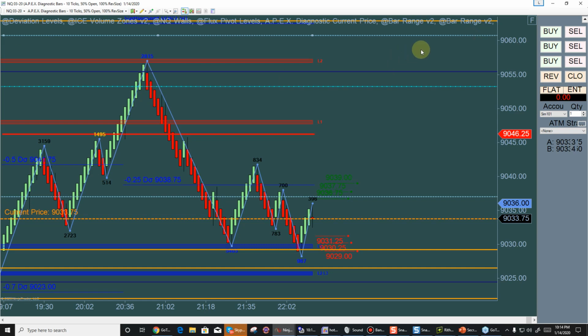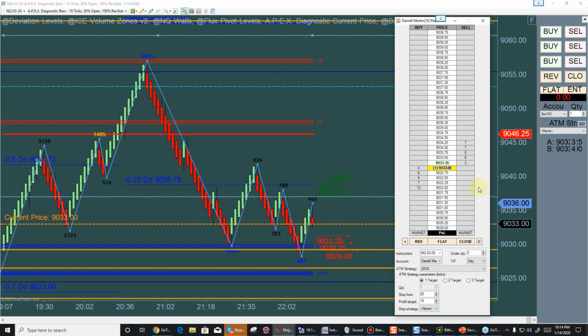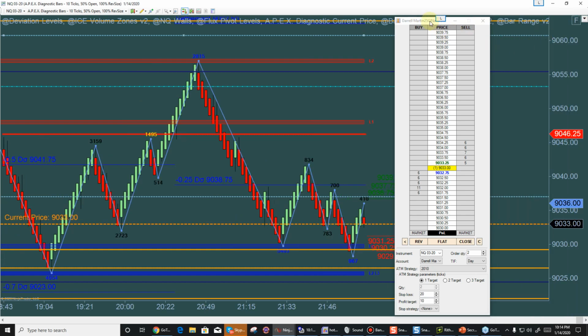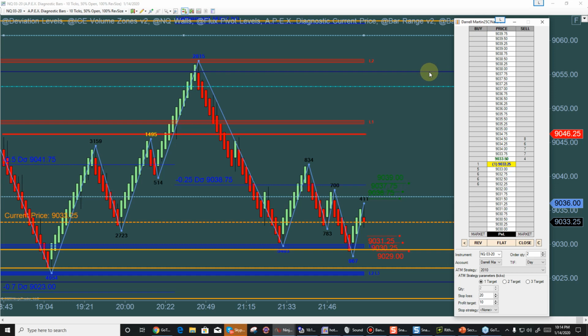If you just set your offset and put it there, then you get to stare at your chart and trade. So there's a simple way for you to not have to look all over the place or take up more screen space. And you can close your chart trader out and give yourself even more room.